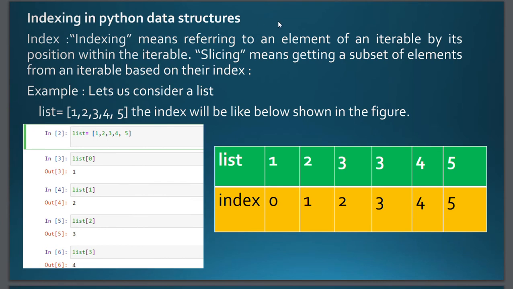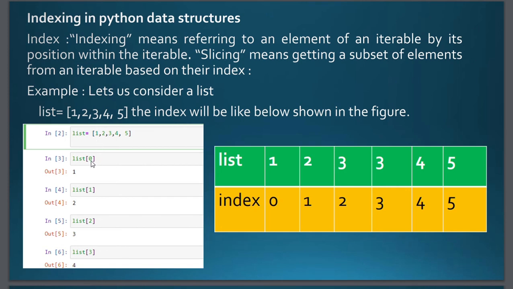Indexing in Python. It is a very important thing in lists, tuples, and sets. Indexing means referring to an element in an iterable by its position, while slicing means getting subsets of an iterable based on the index syntax. Let us create a list equal to 1, 2, 3, 4. For example, let us call the first element in the list: list, square brackets, 0 is equal to 1.